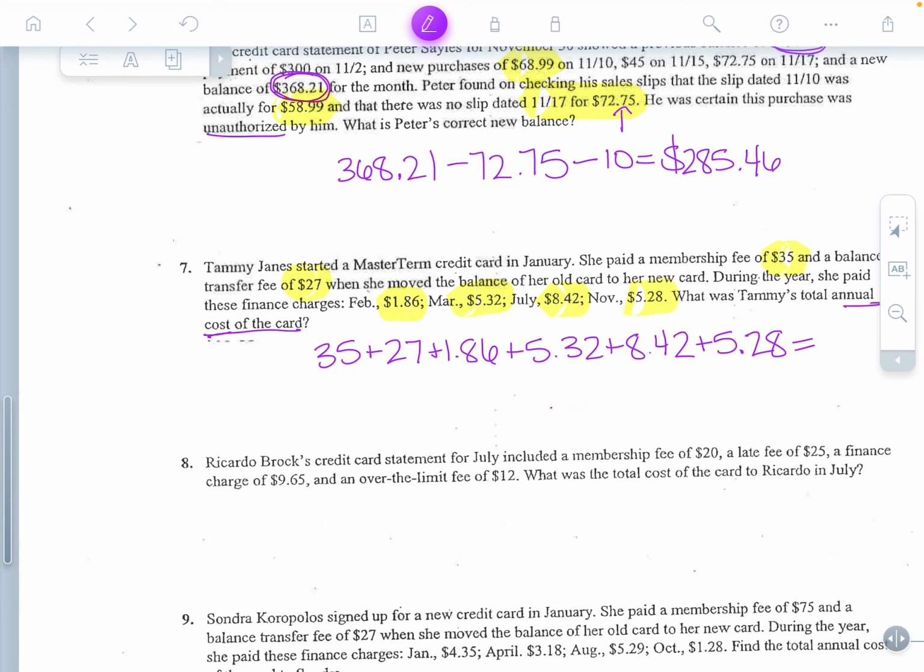And I get 82.88. So that's how much it cost her for the card. Now on some problems like this, there may be something that is not the annual cost of the card, but most likely you're probably just going to end up adding a bunch of numbers for the annual cost.